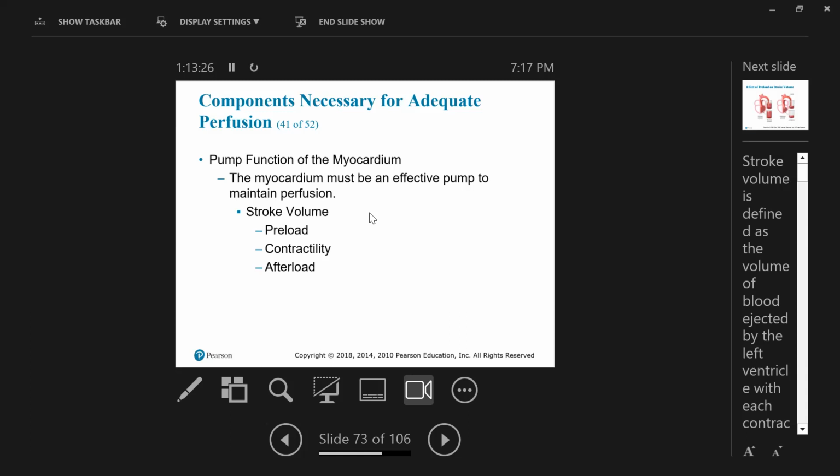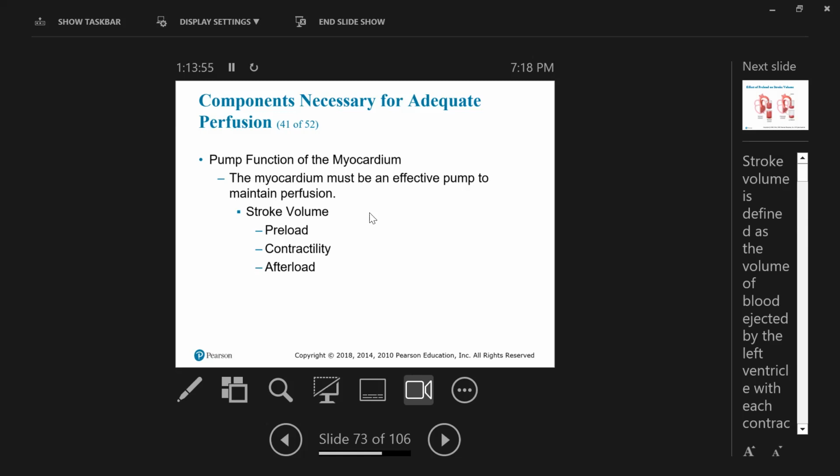So imagine you have the heart. Whatever blood's coming from the vena cavas, that would be preload. Whatever blood is actually being pushed out by contraction is afterload. So why am I telling you this? Well, if the amount of blood that's going into the atriums from the vena cavas is low, then your afterload is going to be low.